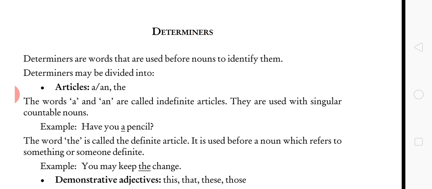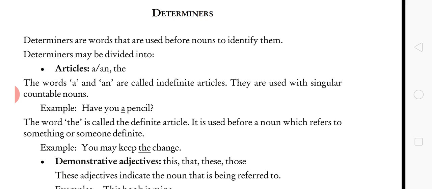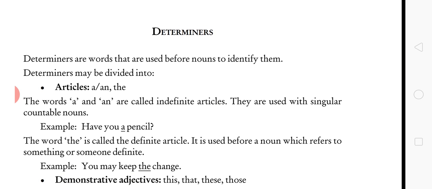Now, let's understand what is the definite article. The word the is called the definite article. It is used before a noun which refers to something or someone definite or specific.